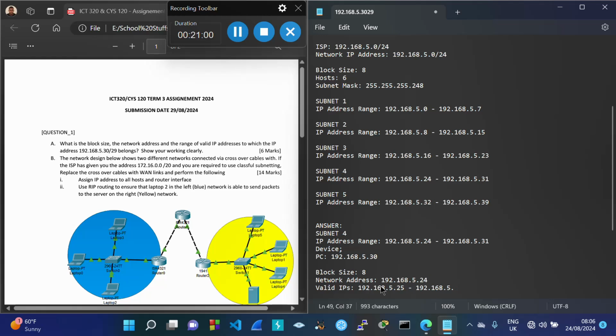Now, we cannot assign .31 because it's a broadcast address, meaning before that we have .30. So these are the valid IP addresses which we can assign to a particular device on a network. In this case, we chose this IP address based on the question, which is .30, to be assigned to a particular device. So that's all about question 1.